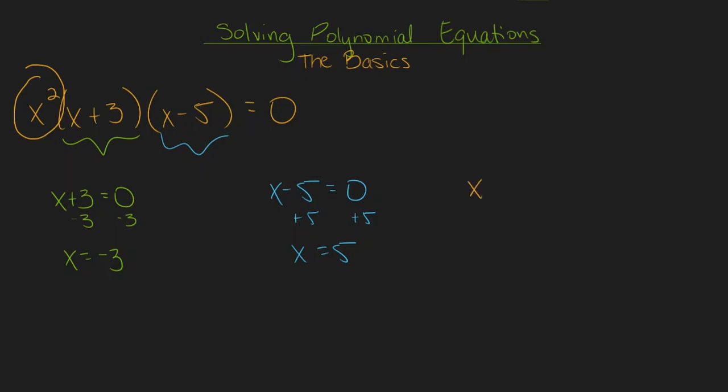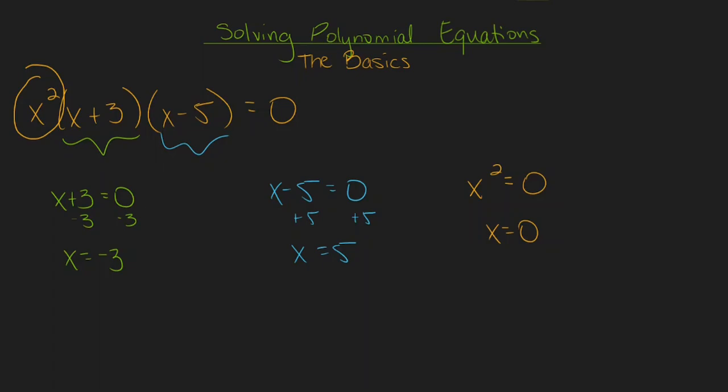That means we have to use that as another factor. And the good news is anytime you have a variable that was taken out as a greatest common factor, its value is just going to be 0. If x squared equals 0, I take the square root of both sides. The square root of 0 is 0, so that tells me x equals 0 is another one of our roots.